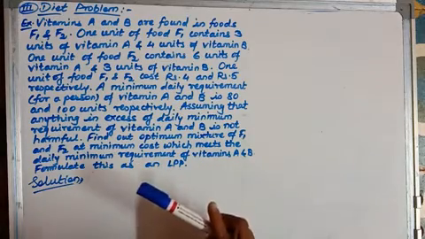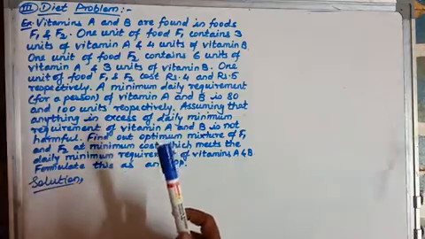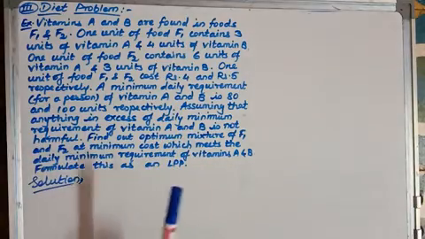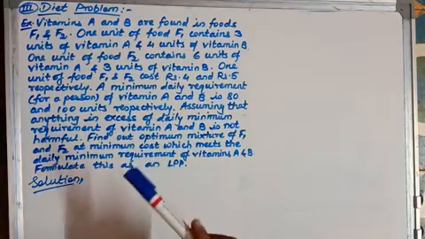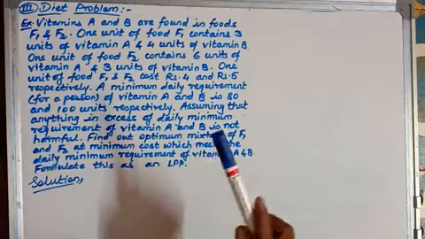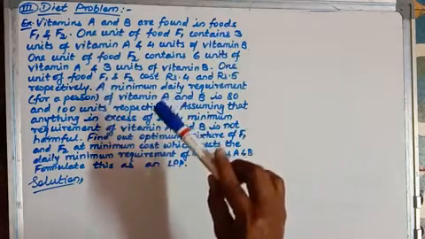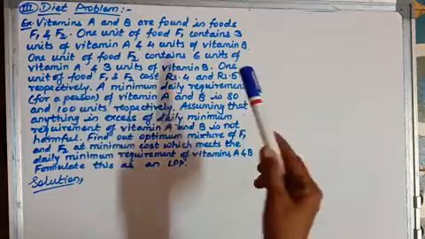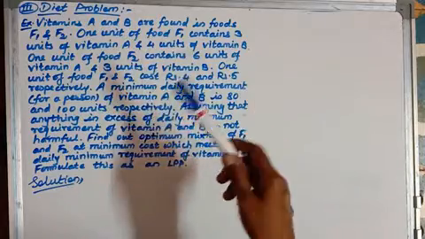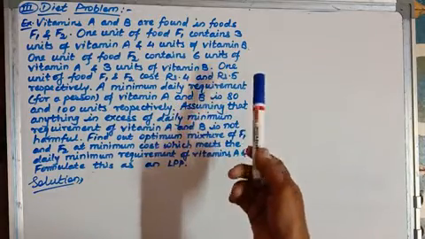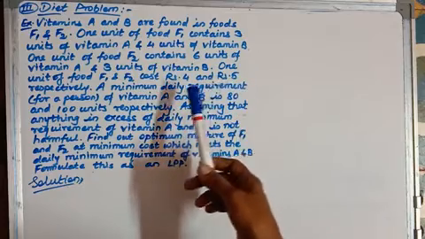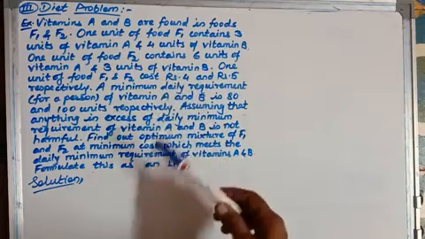Now here the two types of foods, F1 and F2, are given to us, in which vitamins A and B are found, while the content or ratio of vitamins A and B in the respective foods is given to us, and the cost of foods F1 and F2 is also given.